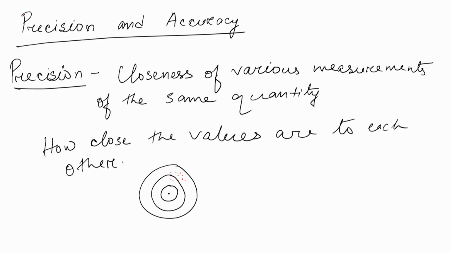These points are far away from the true target, but these points are close to each other. So we can say that this person has attained precision but not accuracy. This we will see by the definition of accuracy.